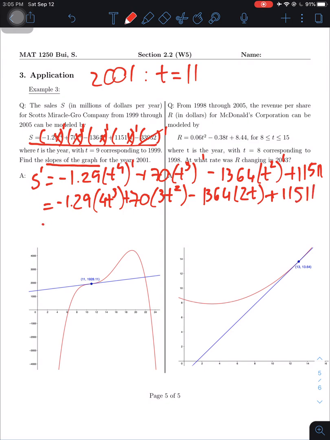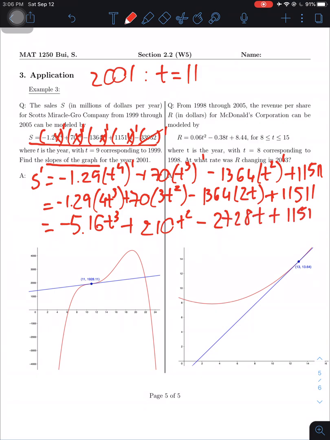Then I'm going to multiply everything together. So I'm going to get something like negative 5.16 t cubed plus 210 t squared, and then minus 2728 t, and then plus 11511.